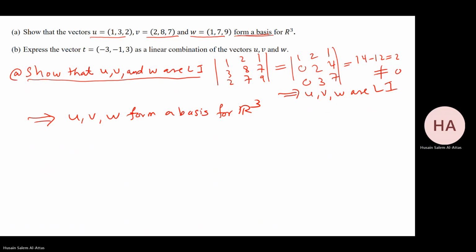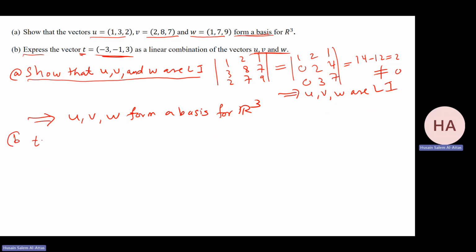I want to be sure that any vector in R3 can be written as a linear combination of these three. Because if he says express T, he gives you a vector, as a linear combination of these three, since they form a basis. I'll do the same thing.